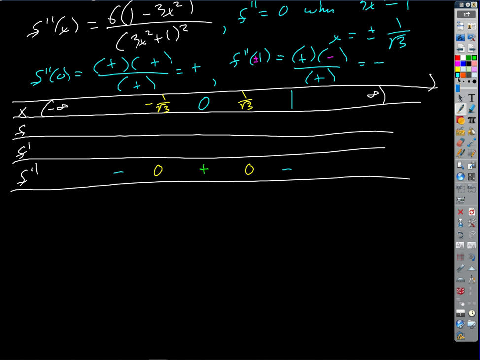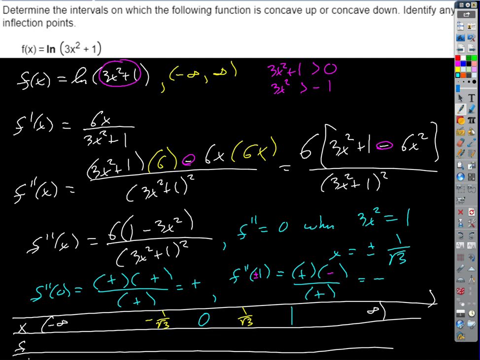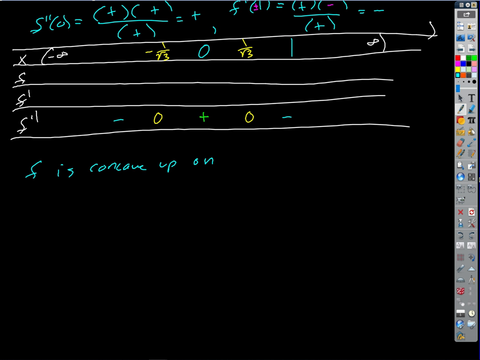Those blue minus signs in this F double prime row, that's telling us that F is concave up on what intervals? Using intervals? Negative 1 over square root of 3 and positive 1 over square root of 3. Whoops, I meant to say down.